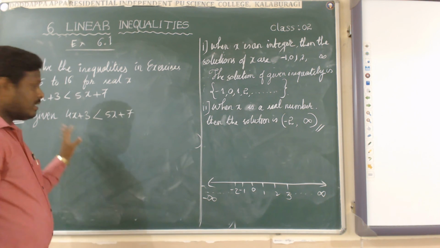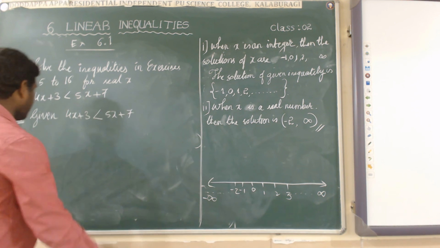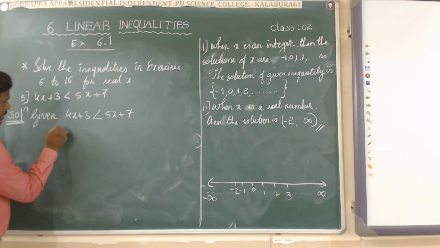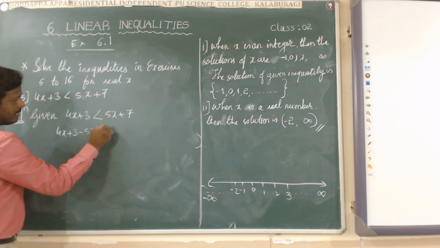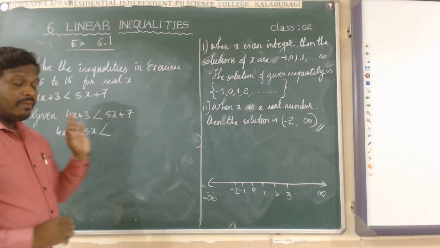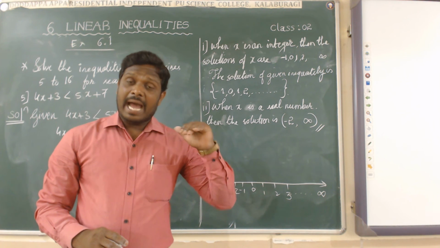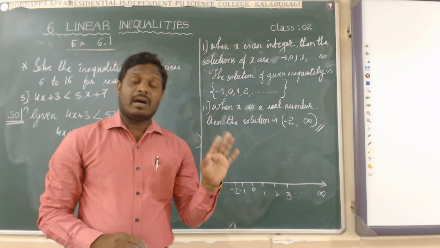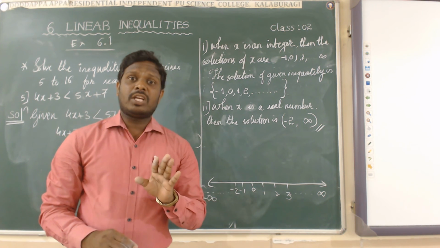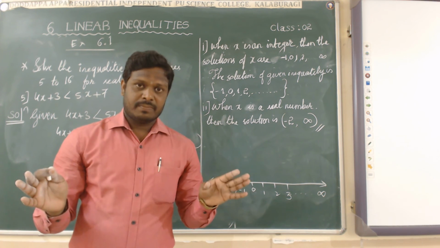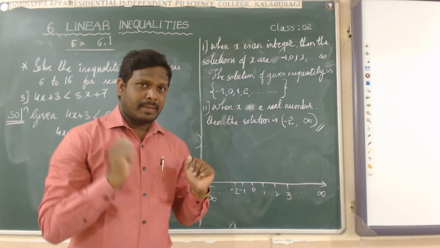Subtracting 5x on both sides, we get 4x plus 3 minus 5x. When we subtract or add equal numbers on both sides of the inequality, the sign of the inequality is not affected. As usual, we write the sign of the inequality. Getting my point?